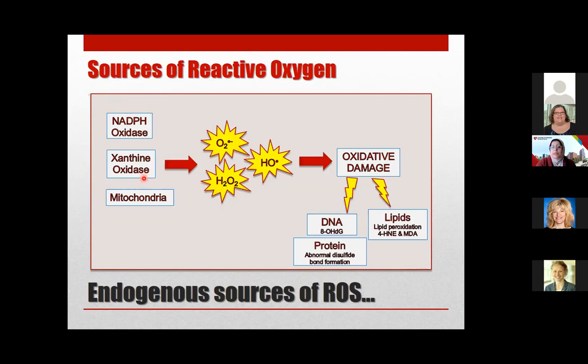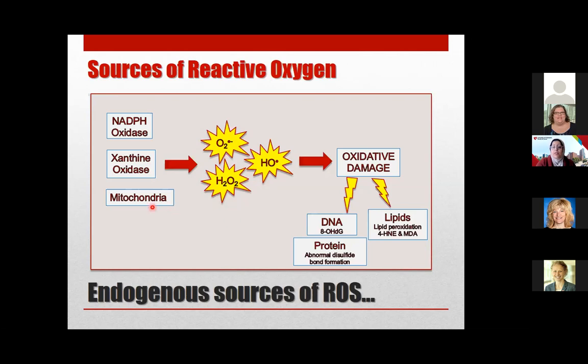Xanthine oxidase is found abundantly in the liver as well as in the cytoplasm, and as it passes the electron from xanthine and hypoxanthine to molecular oxygen, this leads to generation of superoxide as well as the other damaging species.